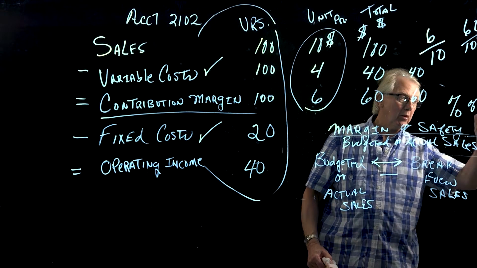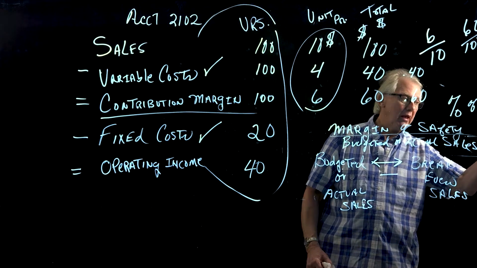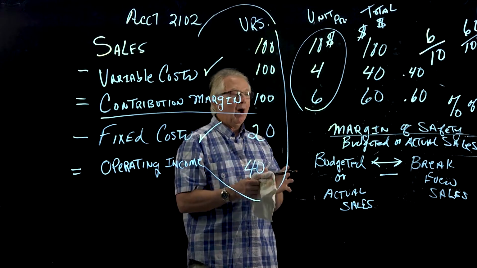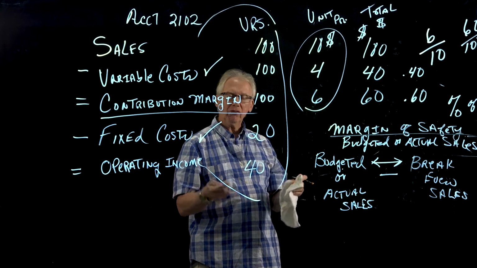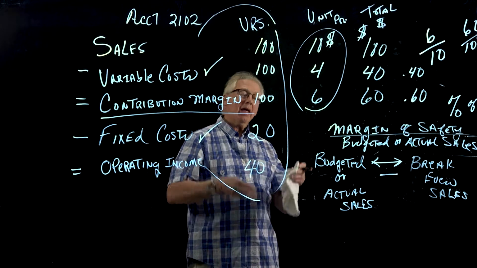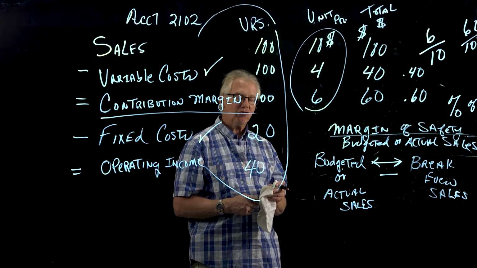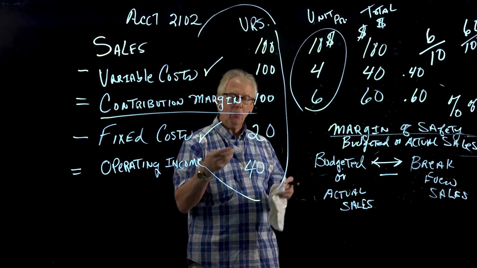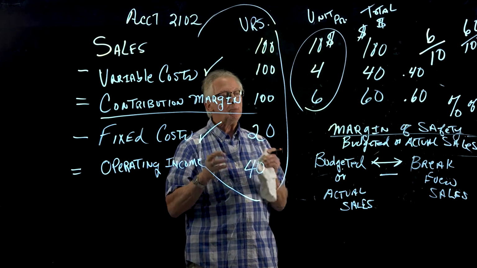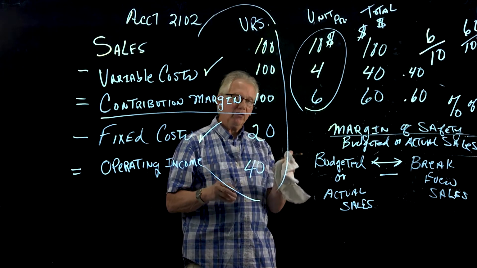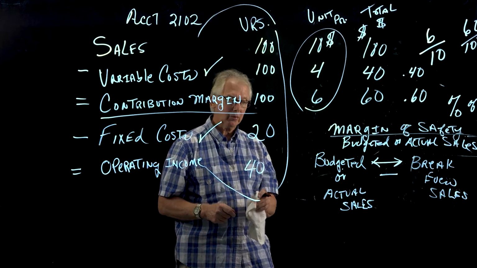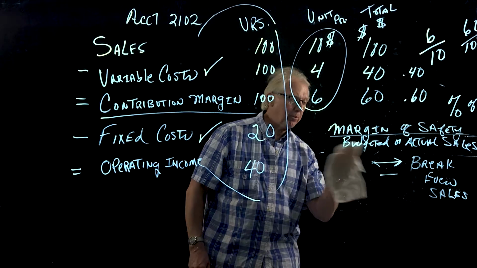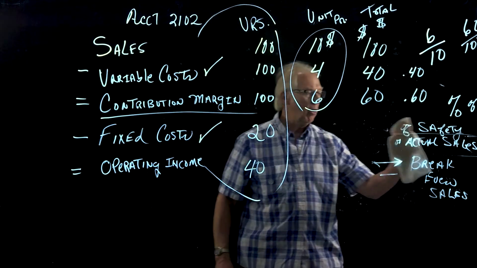Okay? Because you may get asked in a problem, what is the percentage? They call it margin of safety percentage. Okay? If you get asked margin of safety percentage, you got to figure out margin of safety first. And then you just take whatever the margin of safety is and you put that over the budgeted or actual sales. Okay?